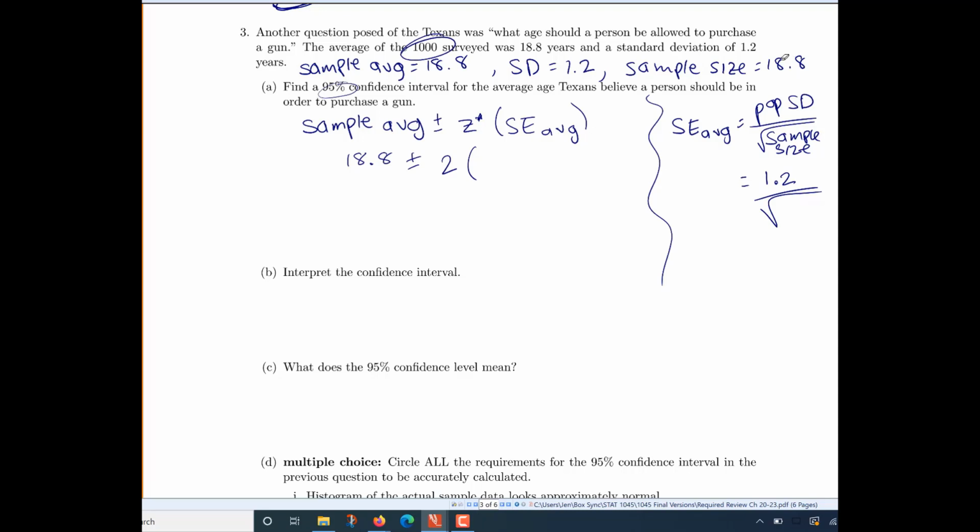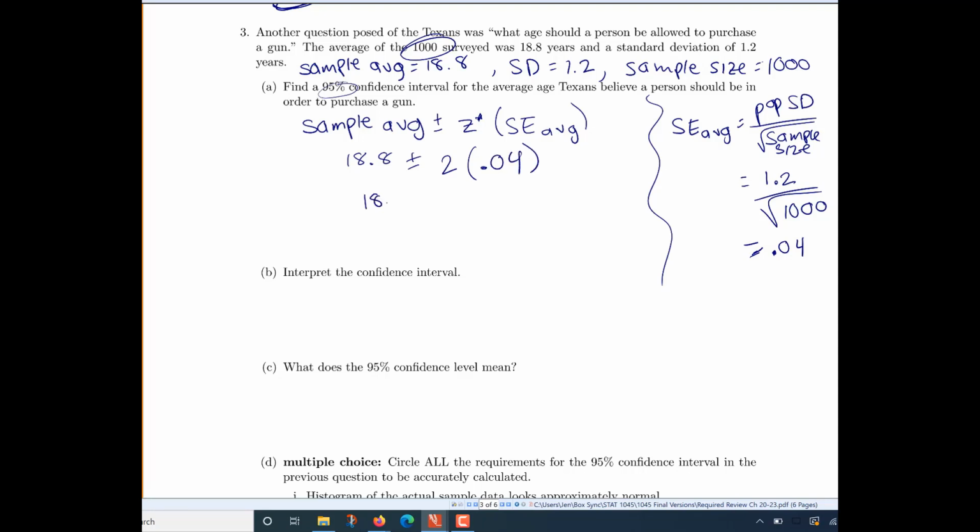Oh, I said the sample size is 18.8 there. I'm sorry, 1,000. Okay, so 1.2 over square root of 1,000 should give me 0.04. So my standard error for the average is 0.04.